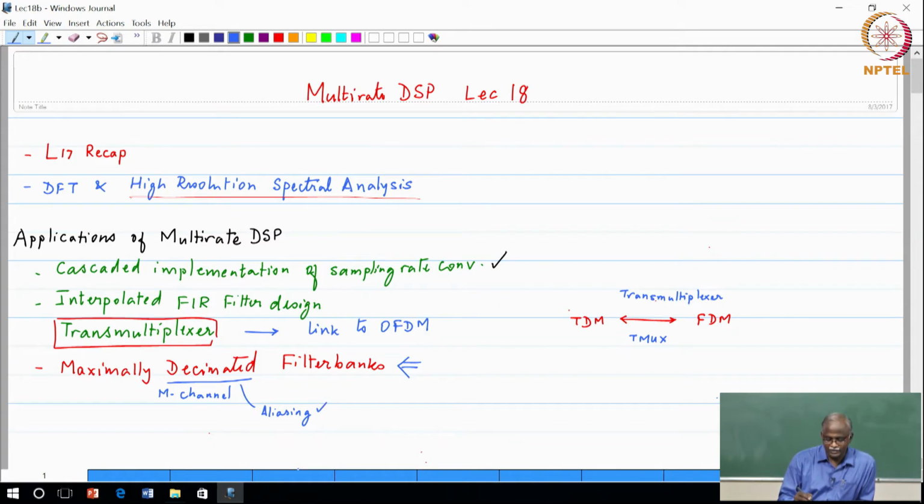It turns out that this is a fairly challenging problem, so we will limit ourselves to M equal to 2, and you will find that that itself is a handful, and we will just indicate the ways in which you would extend it beyond M equal to 2. When we come to the topic of maximally decimated filter banks, I will spend some more time on that.